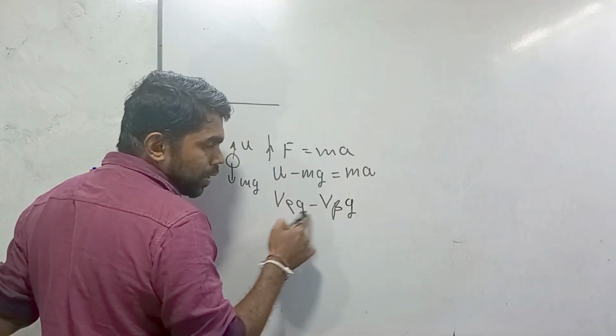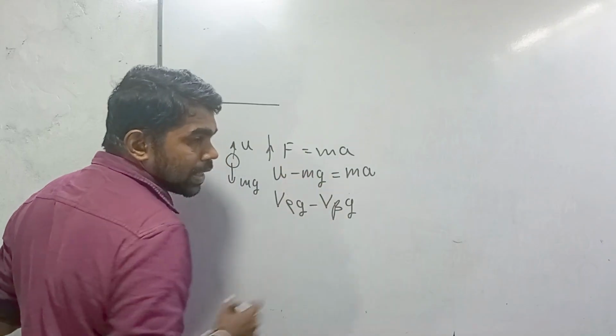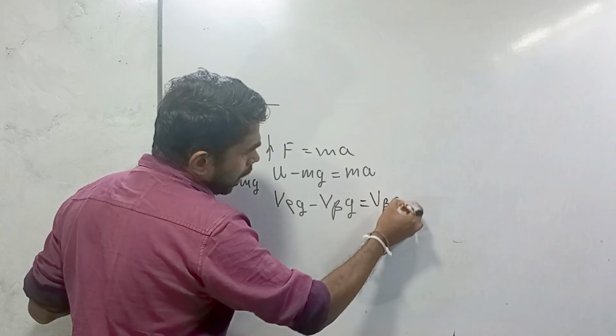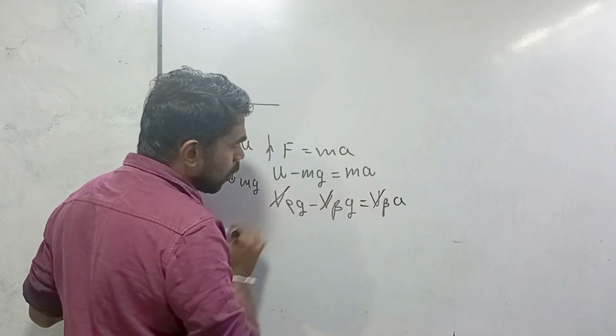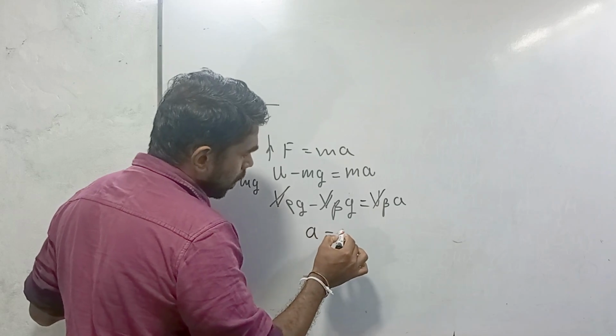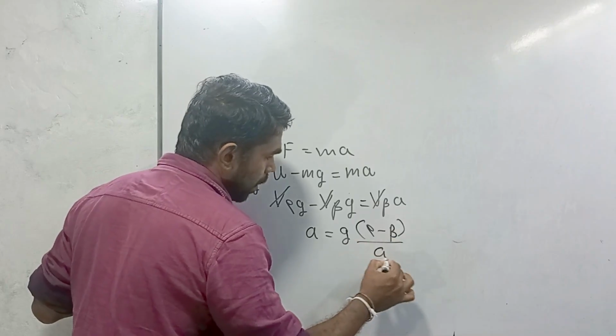Volume into density of the object is mass, so again V beta a. We can cancel out V from all terms. Then we get acceleration is g, a common factor, times rho minus beta divided by beta.